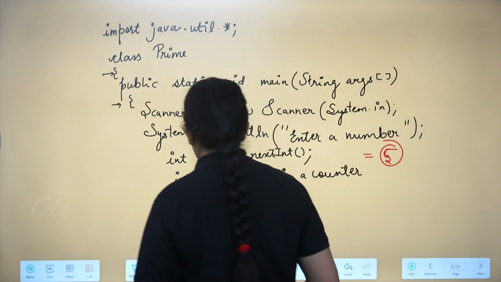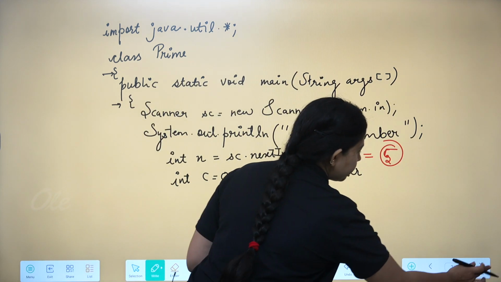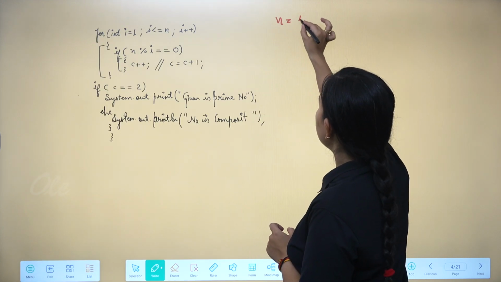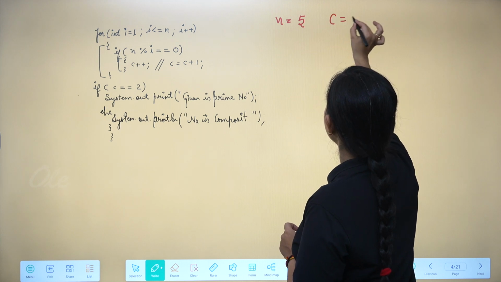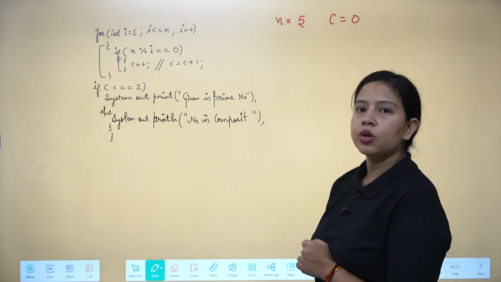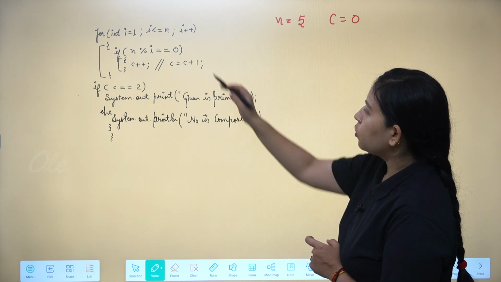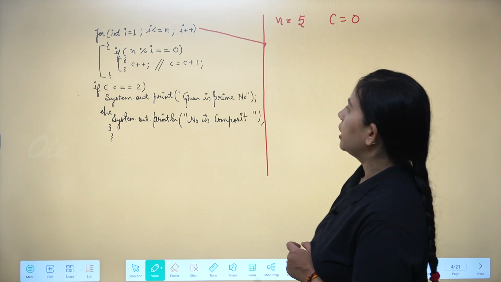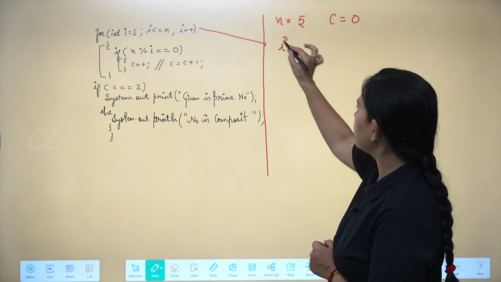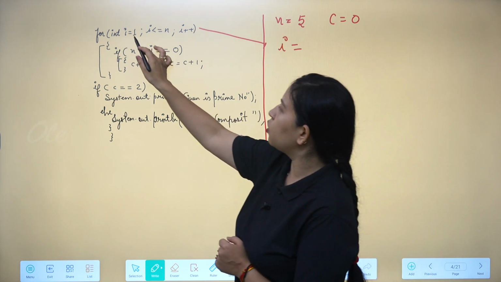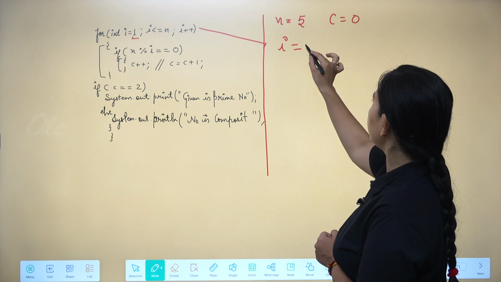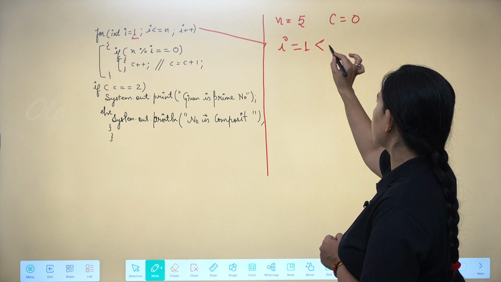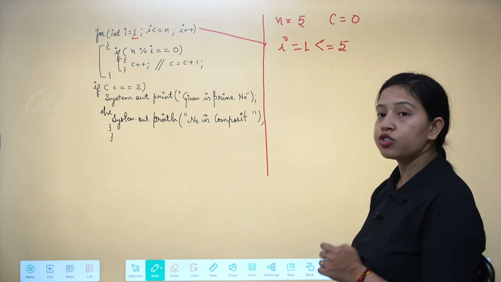This 5 has been stored in the variable number. The other variable we have is c, which is a counter variable. Now the code starts from here, we are running the for loop. In the beginning, as we have a variable i, the initial value of i is 1. The maximum condition is less than or equal to the number, so less than or equal to 5. Now it's time to check the condition.